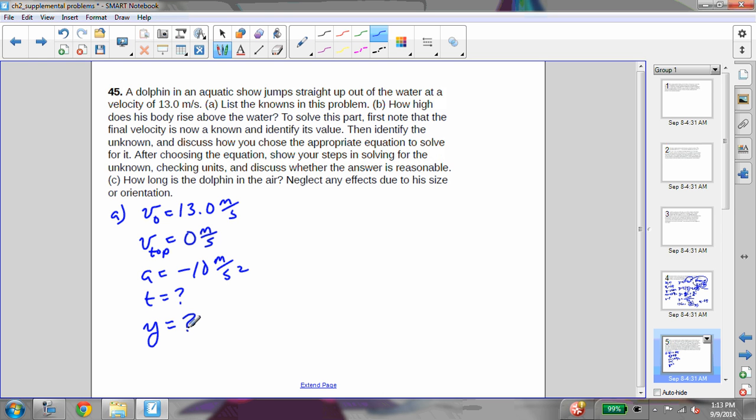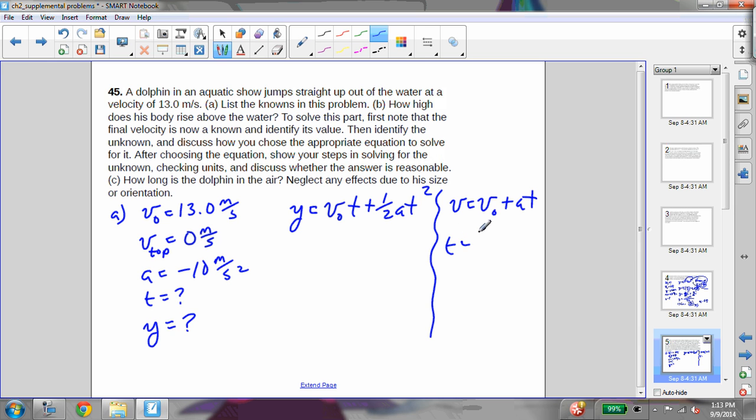Well, my unknown is y, okay? And the only equation for y is this, V naught t plus 1/2 at squared. But I don't know t for this equation, nor do I know y. So I can find t, saying v equals V naught plus at. That is t equals v minus V naught over a.